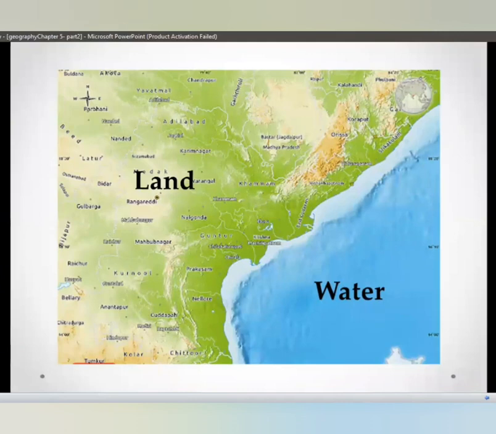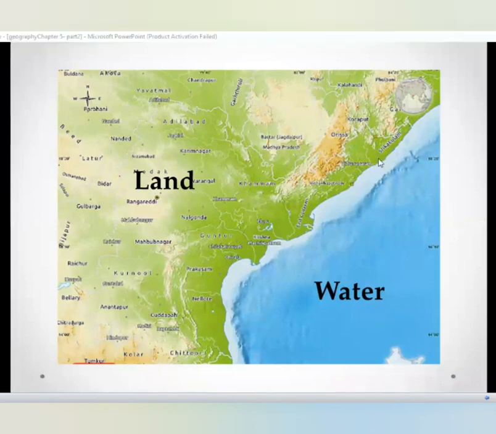The temperature is cool during the day and warmer in the night. But the temperature on the land is hot during daytime and cool during night time.